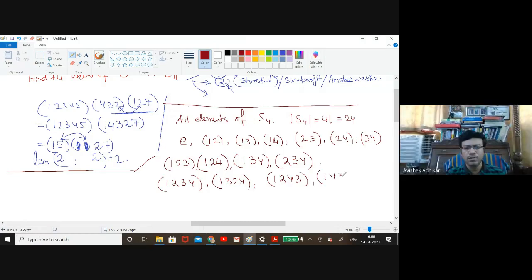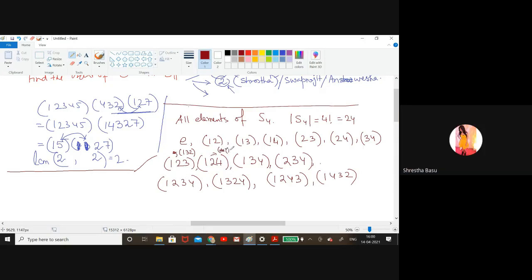1 4 3 2. Then why not, you should also give a permutation on these elements also. So why not then 1 3 2? Why not then 1 4 2? Yes, 1 3 2 should be there, right?